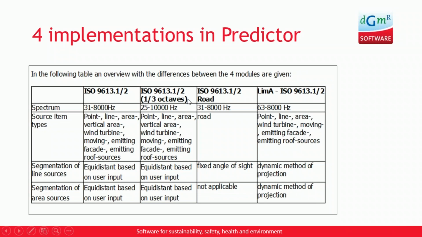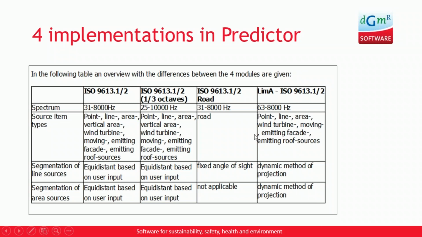We kept the 3 original Predictor implementations for compatibility reasons, but over the years these 4 methods grew towards each other, especially in version 12, when all 4 of them are now quality assured. So there is not much reason to choose one or the other.